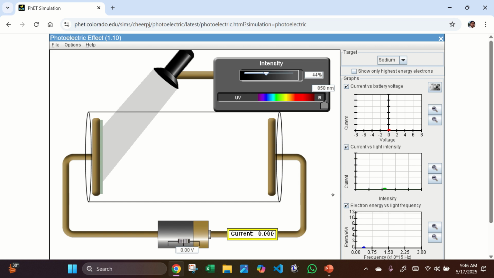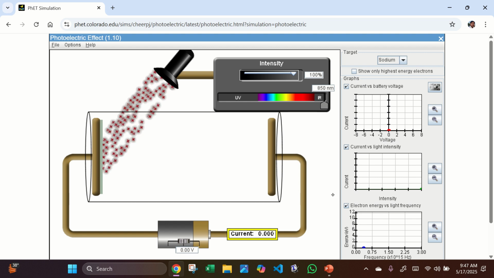We can also see it in terms of photons. Let's change the intensity from 0, no photons are coming. Let's make it 10, then 20, 30, 40. What is our observation? More photons we are getting.